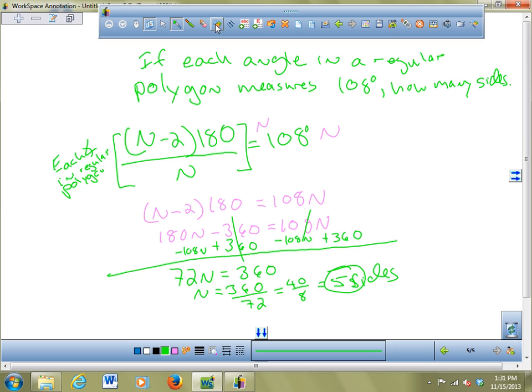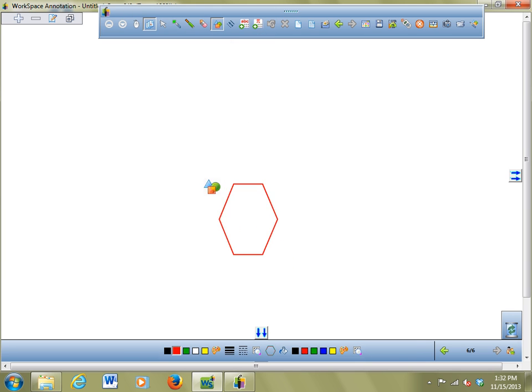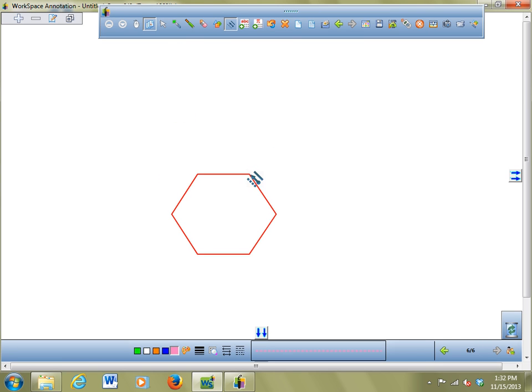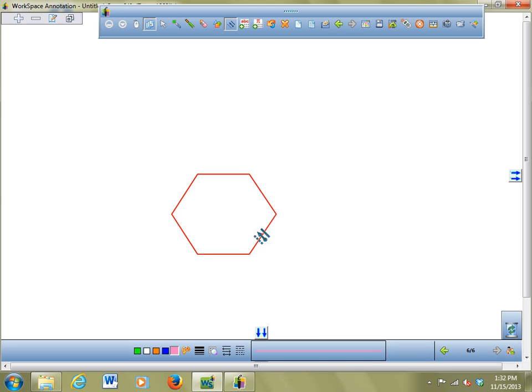Okay, what if I saw a picture? Here's another problem. I'm just giving you some things that you might see. What if I saw a picture that looked like this, and you will see one in your homework, and then they extend these sides?